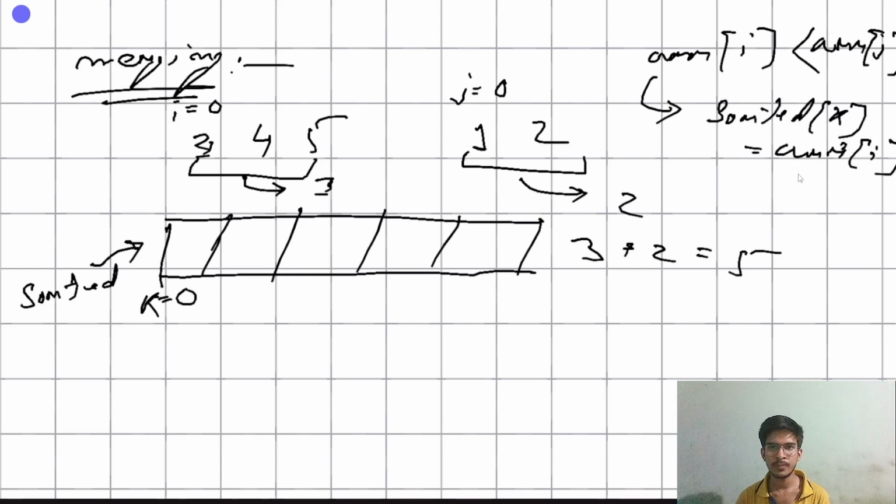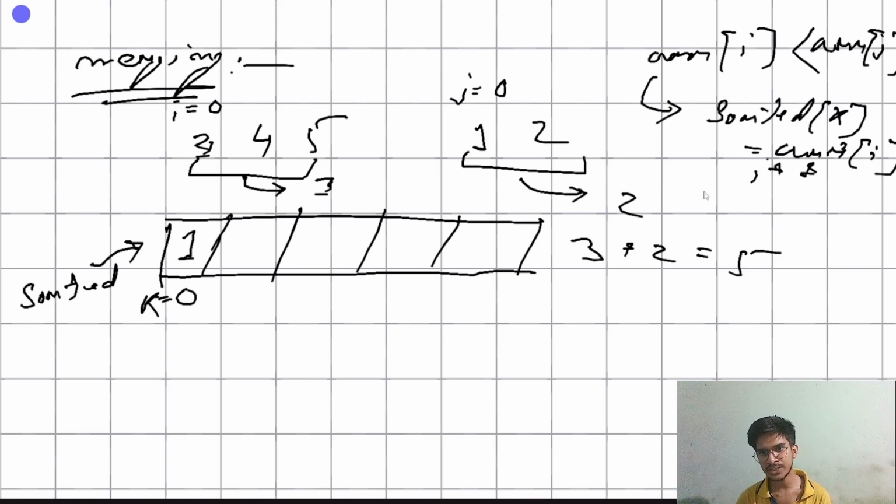That means we are putting it. This one is smaller, right? We're putting ARR of i here, and the index value will be incremented here. So if you insert i, i will be plus plus.